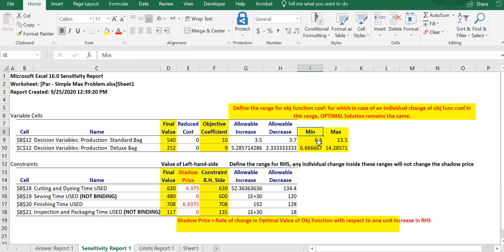So let me just do the same thing, minimum and maximum for the right-hand side, right? So we have, yes, and then this is infinity. This is an infinite number, so this is a very, very large number. So it's unbounded. And this one is the range for the right-hand side of the second one.